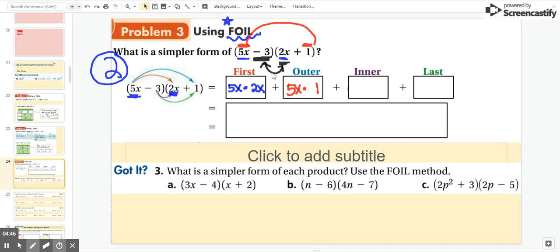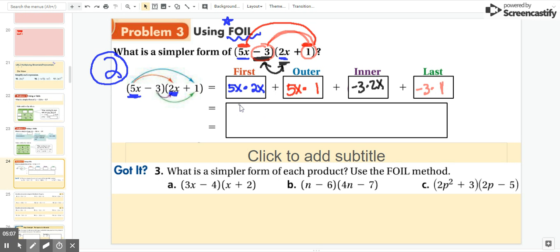So this is inside. I'm going to multiply negative 3 and 2x. And there's last. So negative 3 and positive 1. Those are the terms at the end. So let's simplify this.